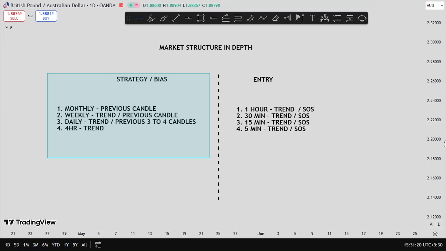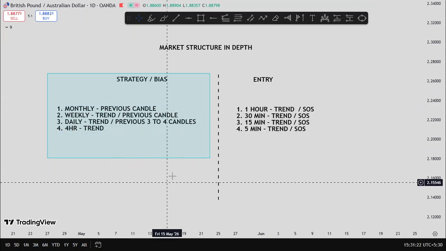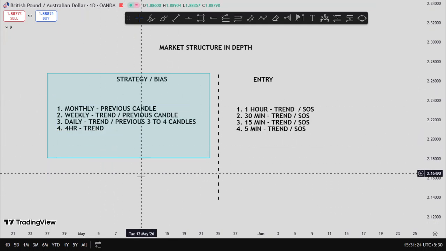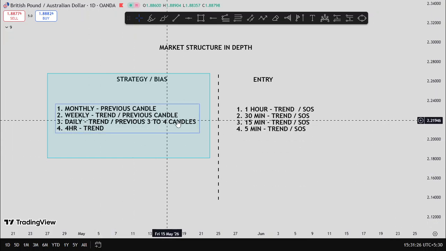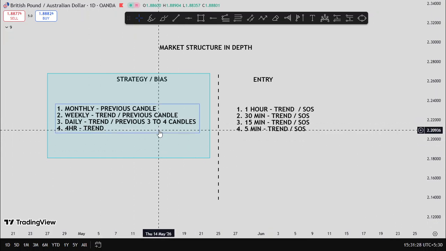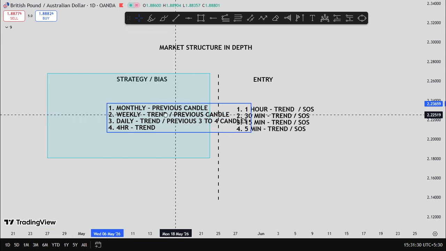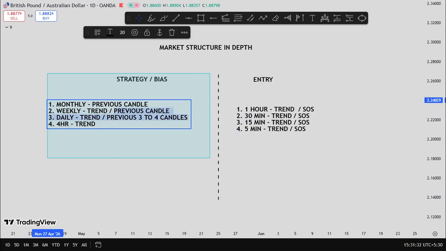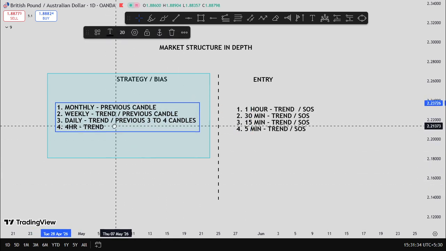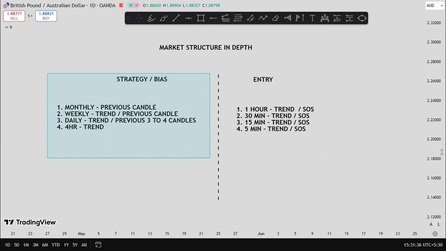What you need to know is this. You know what the trend is. You know how to identify the trend. You have to understand on what time frame I should look for previous candles, on what time frame I should look for the previous 2-3 candles, and why I should sometimes ignore the trend also and see the previous 2-3 candles.